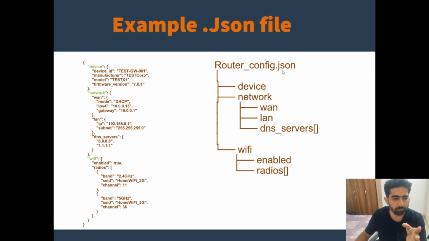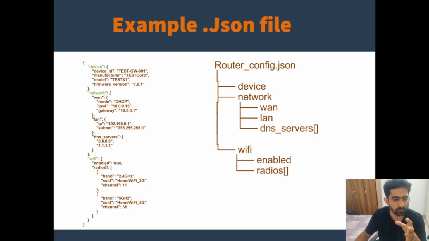Here we have the main JSON file name, that is router_config.json. Then we have the device object, and this device object contains some key value pairs. Then we have the network object, which has some sub objects: the WAN, with its key value data here, then LAN, then DNS servers, which is in the form of an array.